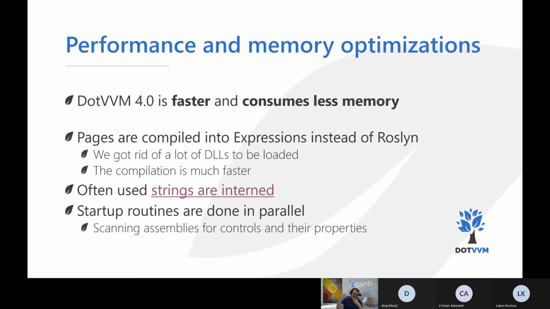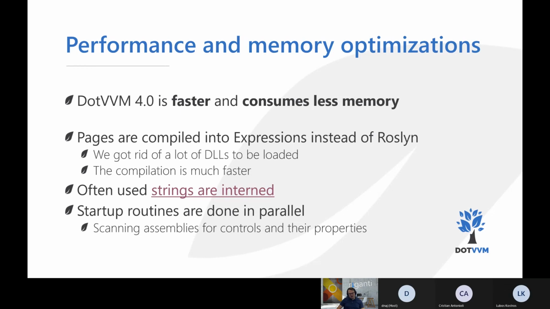And we also save some startup time because we don't need to load the Roslyn libraries, which are quite big. They have several megabytes of DLL code which you need to run and compile, and we don't need any of this anymore. So this is also quite a bit faster. Also, DotVVM does quite a lot of things during the startup of the application, so we tried to make some operations there parallel.